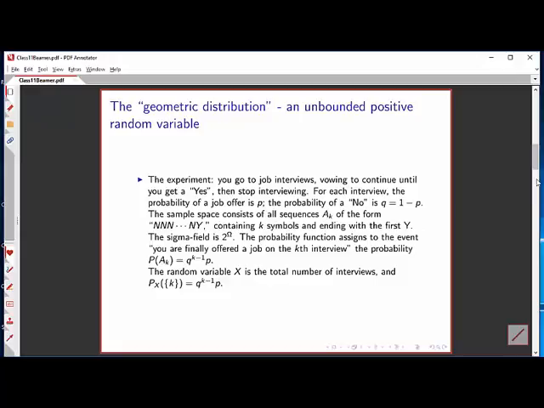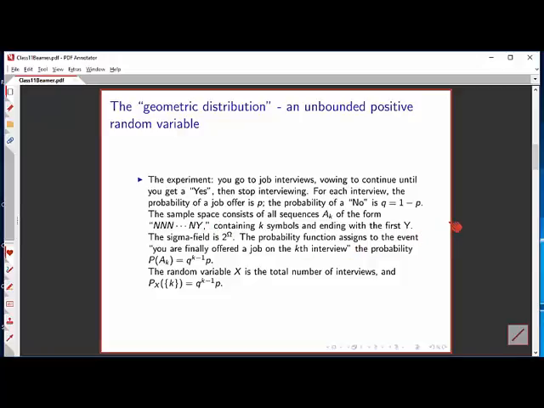This is constant for all interviews, and so the probability for a no is 1 minus p, which I'll denote by q. What's the sample space here? It consists of all sequences that contain k symbols in all, with the first k minus one of them being no's and the last one being yes.